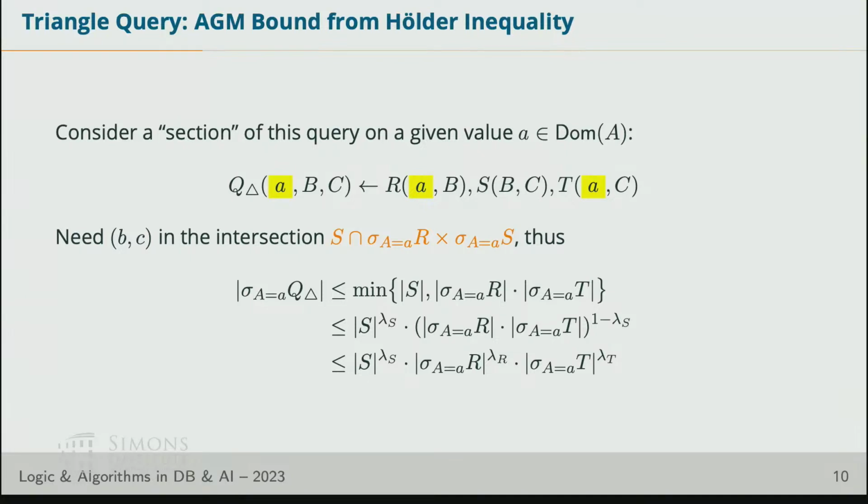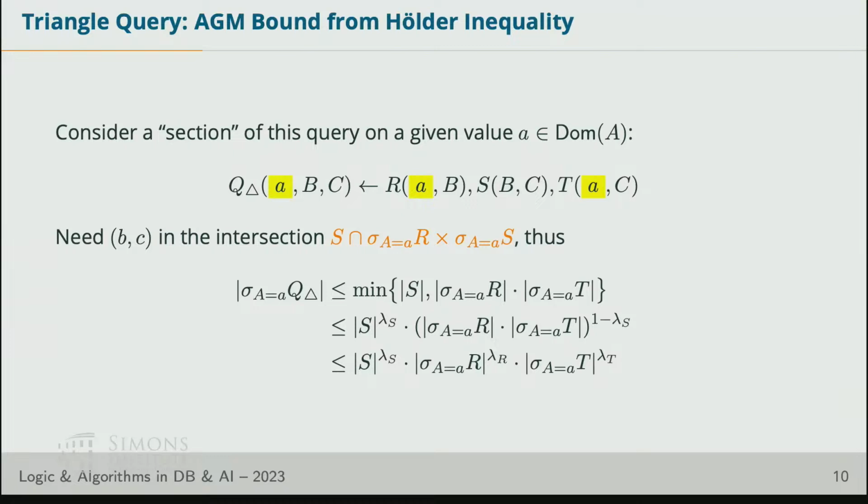And then BC itself has to be in S. And then C has to be in the projection of T onto the C column. So that means that we need BC in this intersection: it has to be in S, intersecting with the cross product of the projection of R onto B and the projection of T onto C.